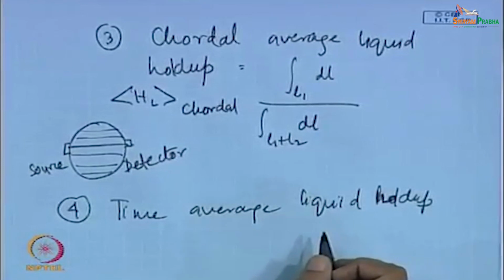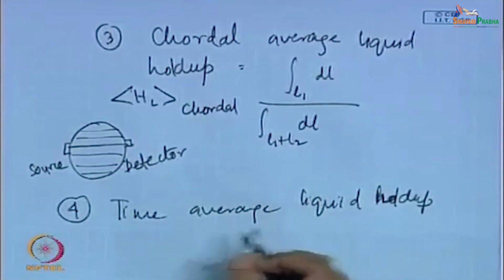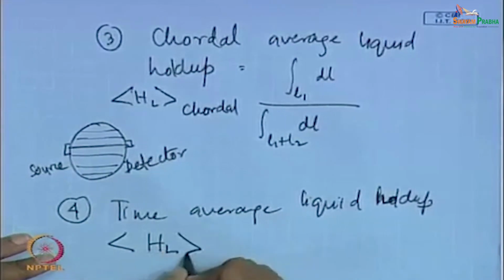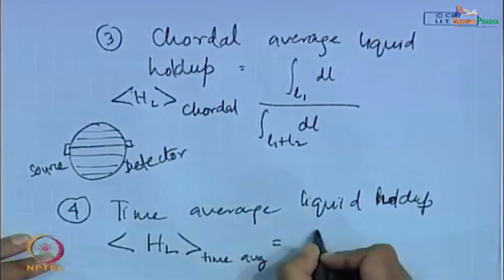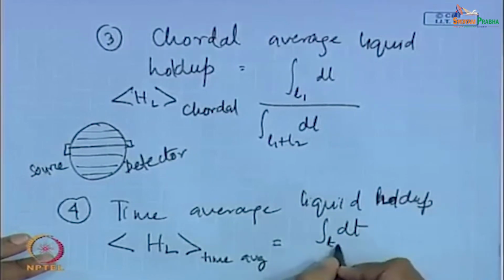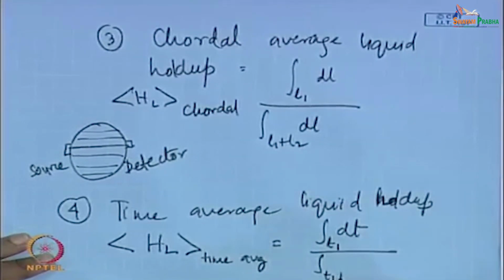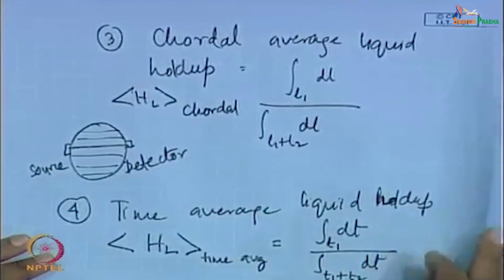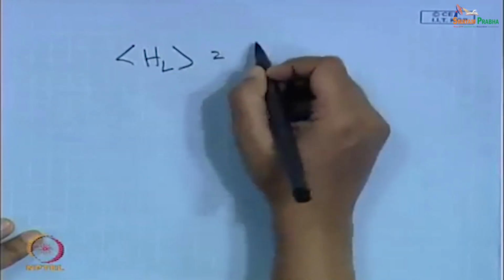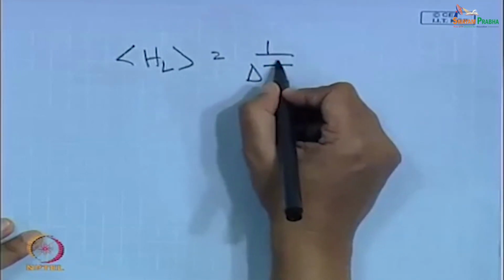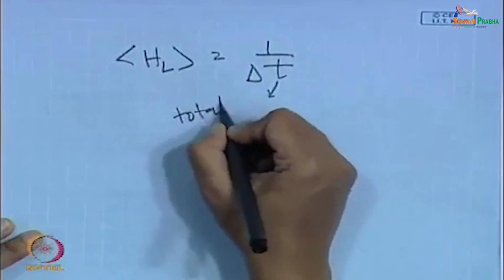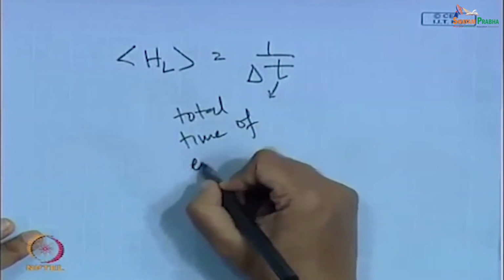This is usually defined as integral dt from T1 to T1 plus T2 divided by the total time, or in other words it is better defined as, because we cannot measure infinitesimal quantities of time, 1 by T, where T is the total time of measurement, the total time of experiments.